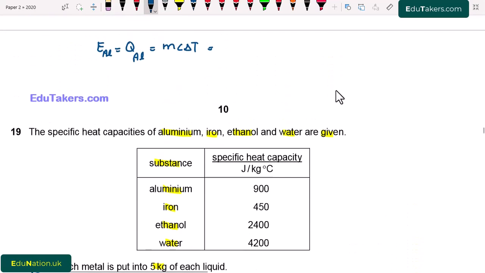So I write here 1.0 multiplied by c, the specific heat capacity for aluminium, which is 900, multiplied by the change in temperature.